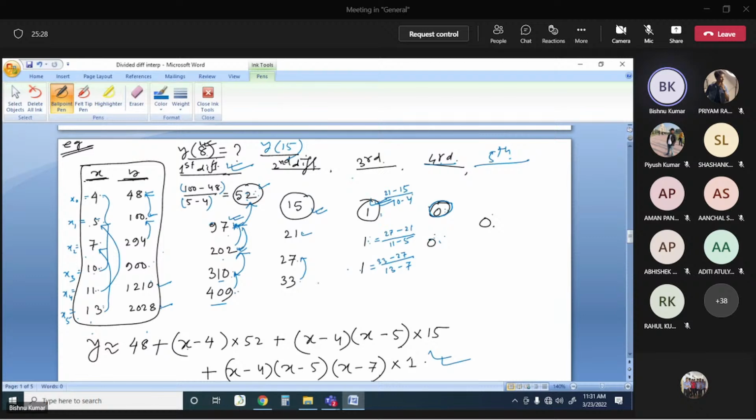The second derivative will give you a first degree polynomial, and the third derivative will give you a constant value, that is 6. So phi triple dot x equals 6, constant, and phi 4 will be 0. Is it clear?